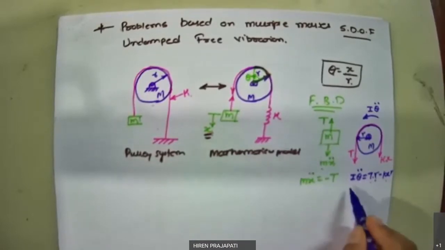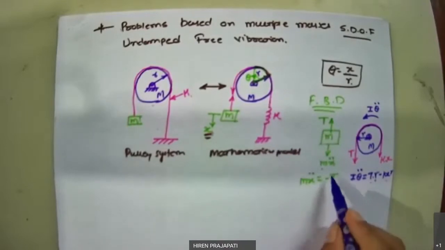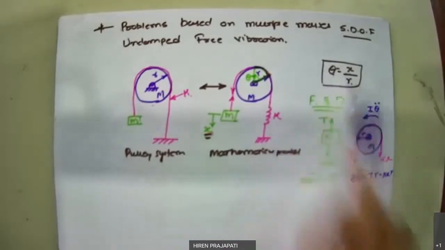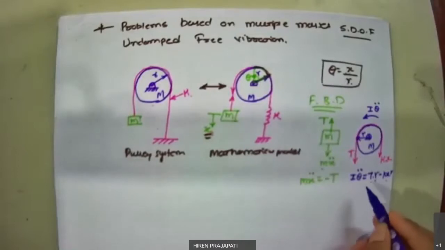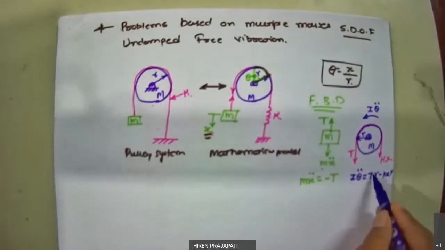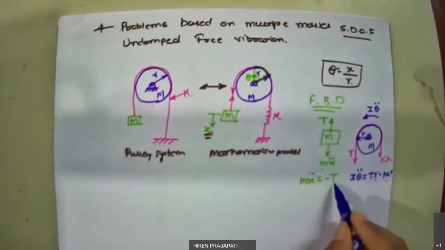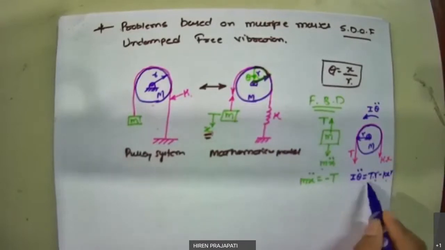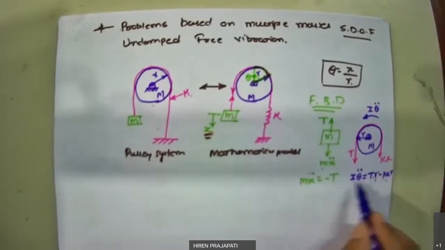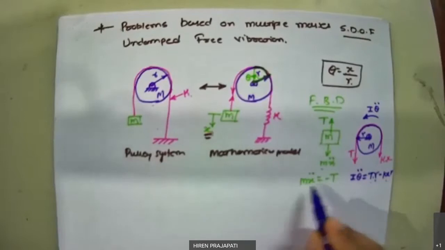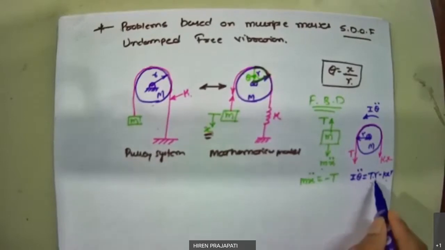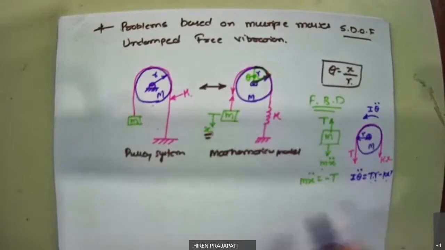Now, if you look, as we have discussed, it's a combined system, right? Let me represent this T. This T and this T both are the same. So can I replace this T here? Because T is equal to minus mx double dot, I can write it here. Okay, so I'm doing the same thing.